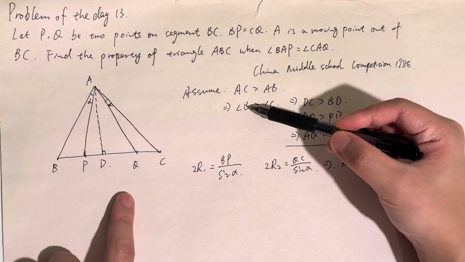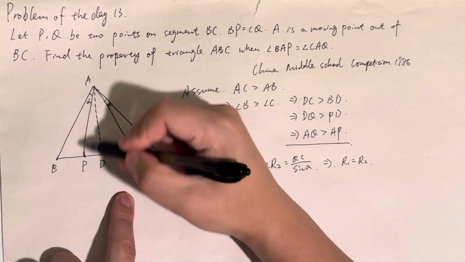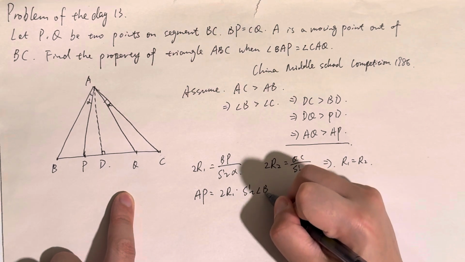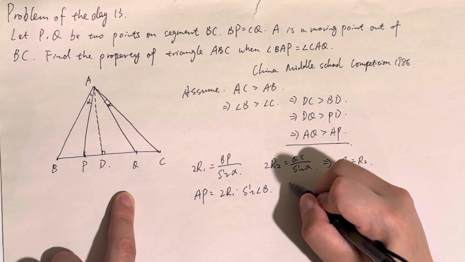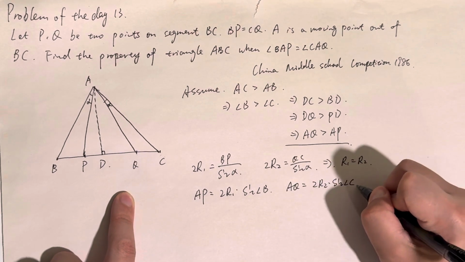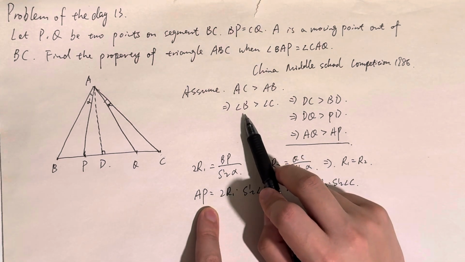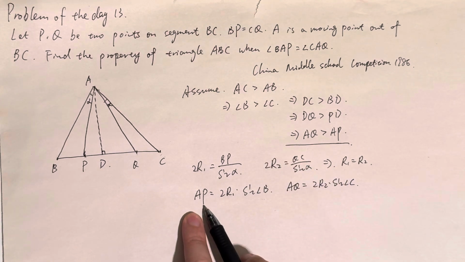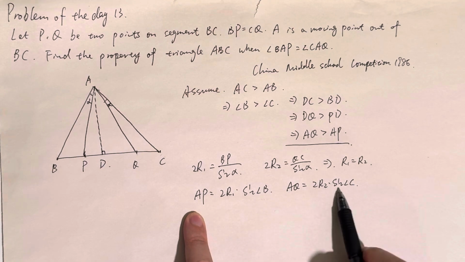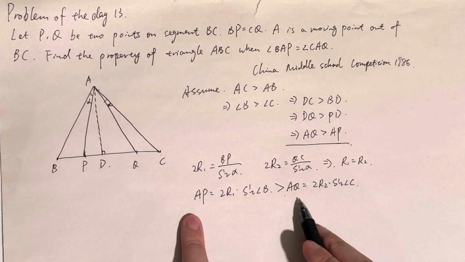And we already know that angle B is larger than angle C. So we can conclude that AP equals 2R1 times sine of angle B, and AQ equals 2R2 times sine of angle C. Because angle B is larger than angle C, sine of angle B is larger than sine of angle C, and R1 equals R2, so AP is larger than AQ.